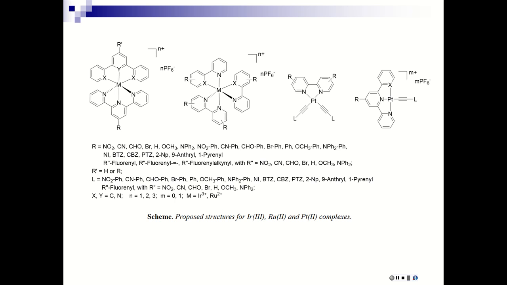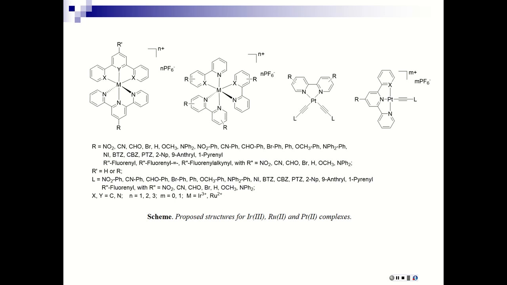The more diversity you have, the better to catch some features which are responsible for each particular class or common feature, because platinum is a square planar complex, and iridium and ruthenium are octahedral complexes, more spheric.